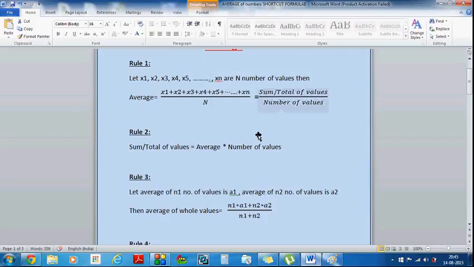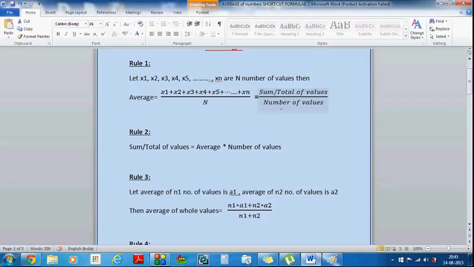So if the different values are given and the number of values is given, then we can easily calculate the average. Now we will go for rule 2. In rule 2, sum or total of values equals average into number of values.